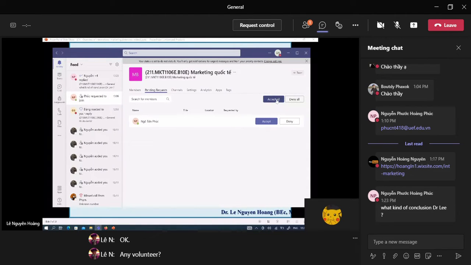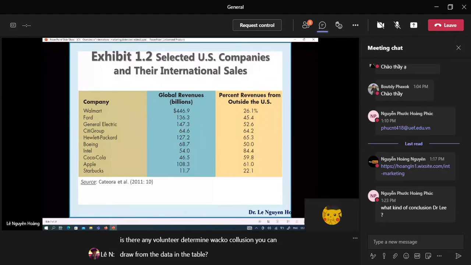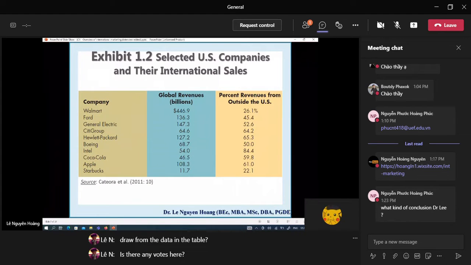Is there any volunteer to tell me what conclusion you can draw from the data in the table? Is there any volunteer?